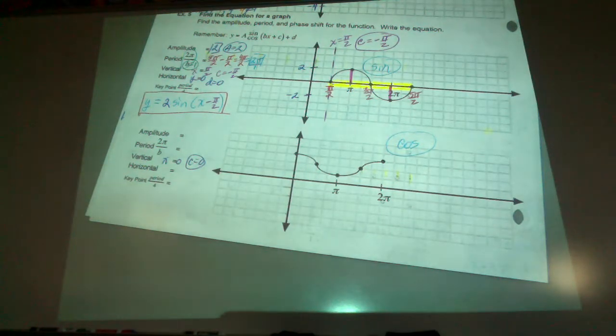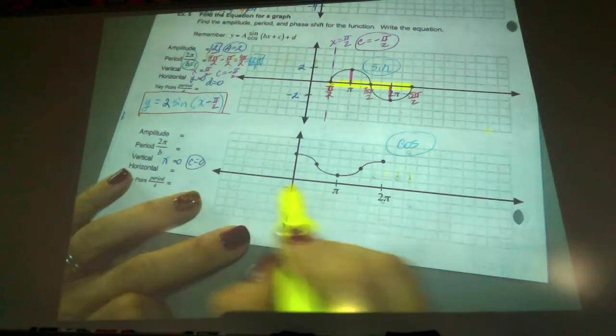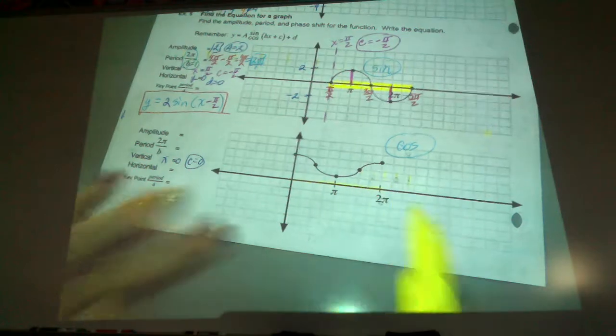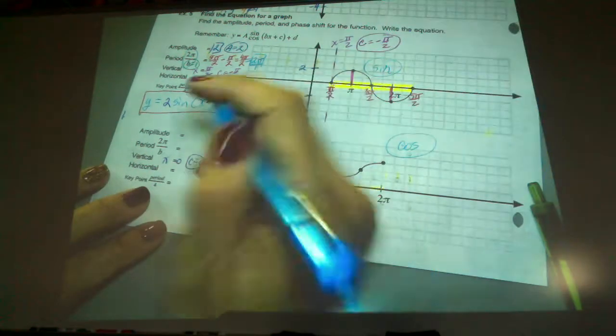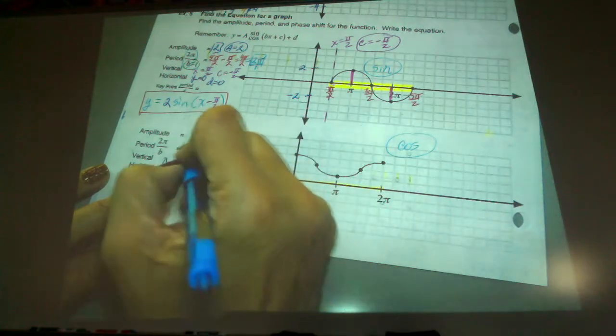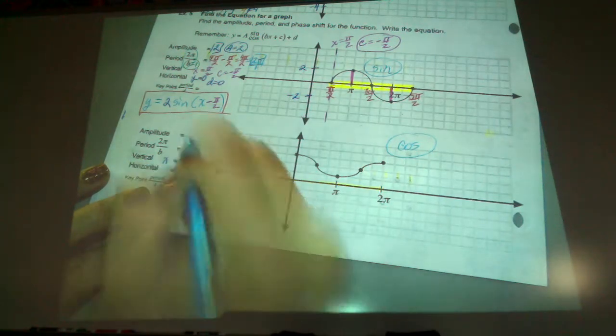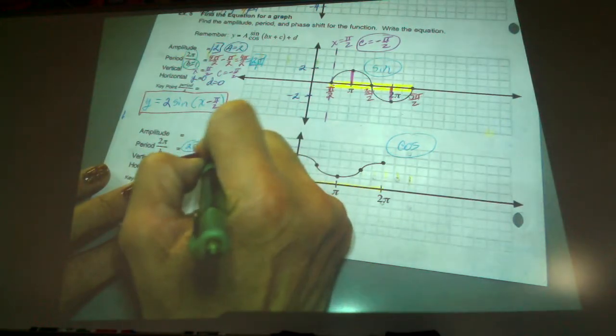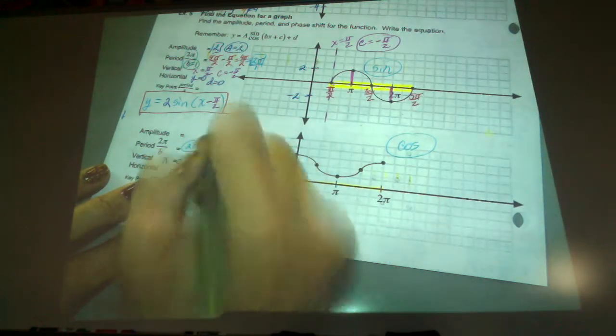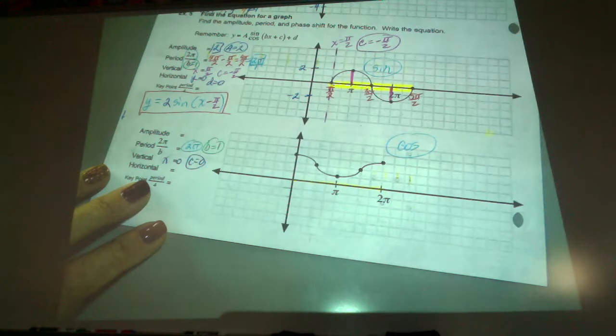Let's look at our period. Our period goes from 0 to 2 pi. What's our period? 2 pi. Yep, so our period is 2 pi. That hasn't changed. What does that tell you about B? B is equal to 1. So far I have the cosine of x, no parentheses.